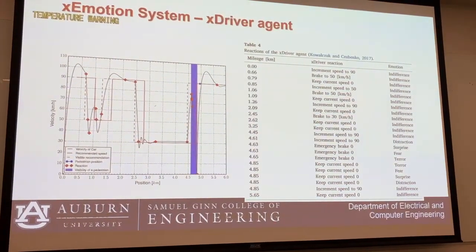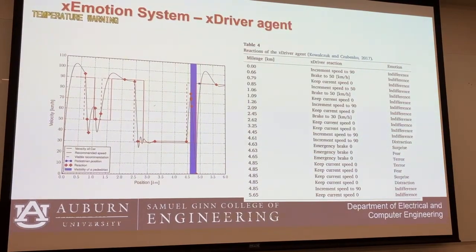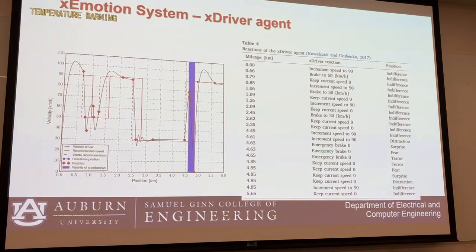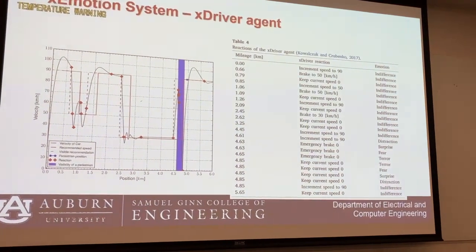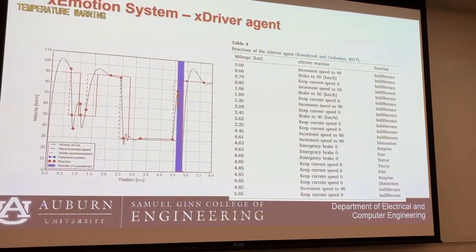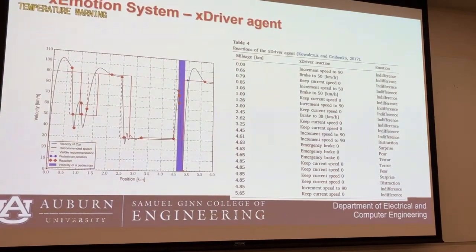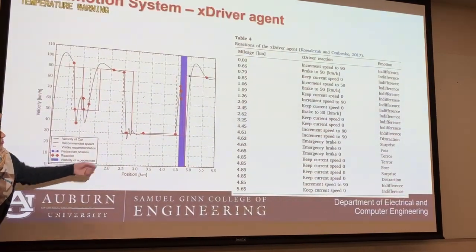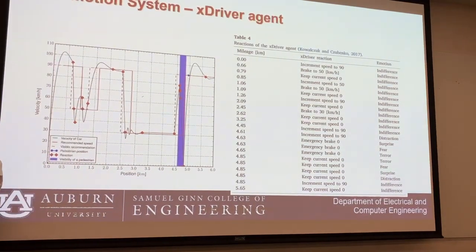In the first stage of the X-driver system simulation, the behavior was similar to cruise control. In the second stage, when the X-driver saw the pedestrian on the road, the X-emotion system developed its emotion. It started at mileage 445.